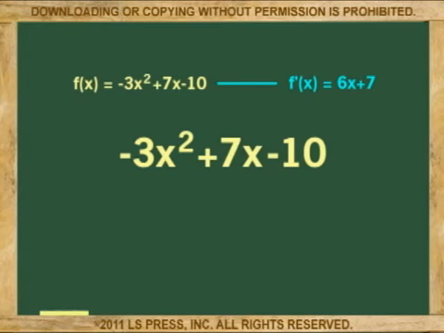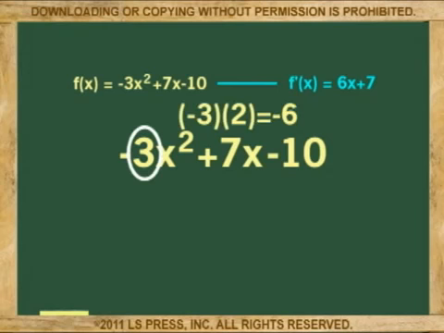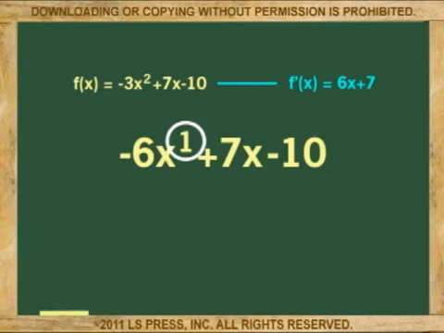The same happens in the second example, except that because it has a coefficient other than 1, the exponent gets multiplied by the coefficient and the exponent gets reduced by 1. Negative 3 times 2 is negative 6. And the exponent 2 becomes 1. Because the second example has 3 terms, each term has to be done. 7 times 1 is 7.